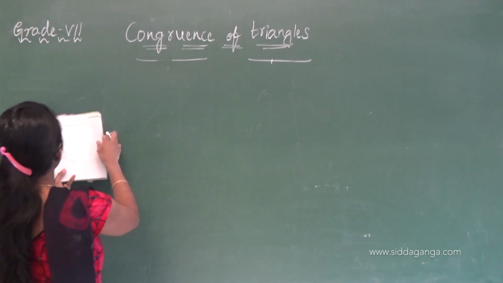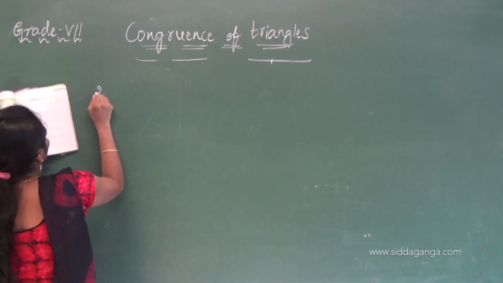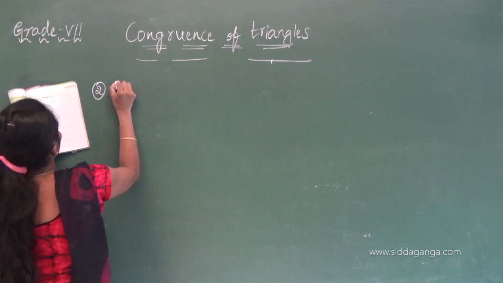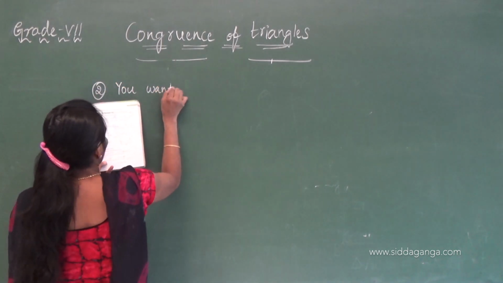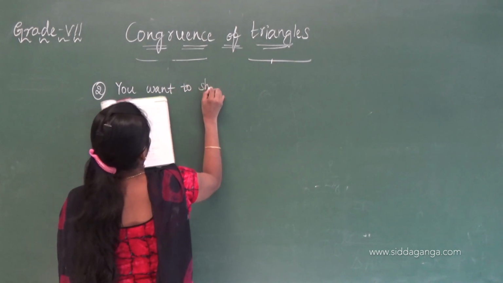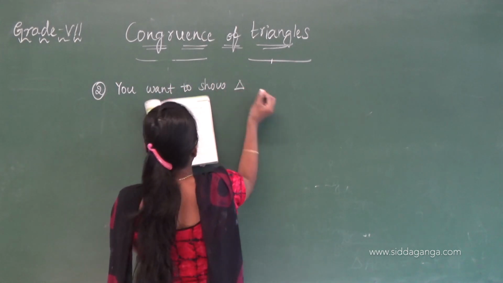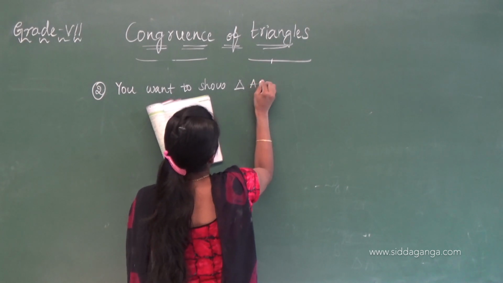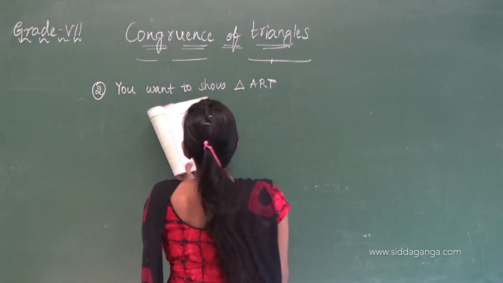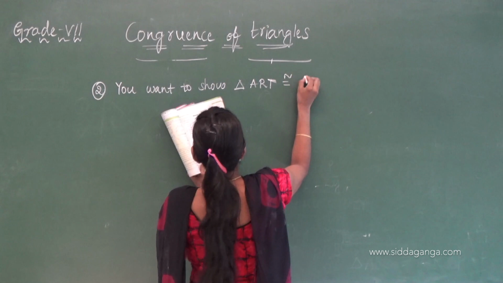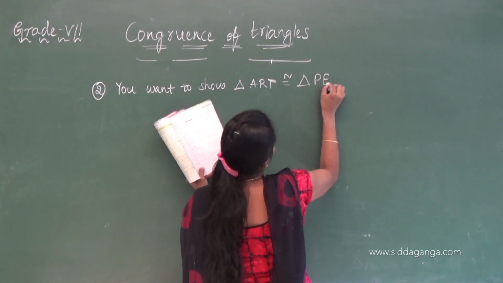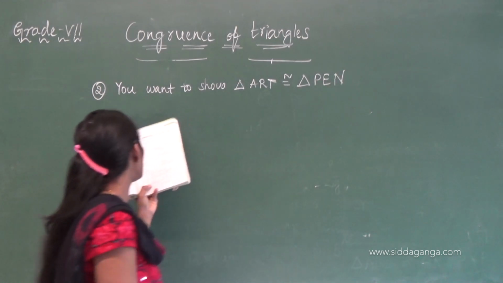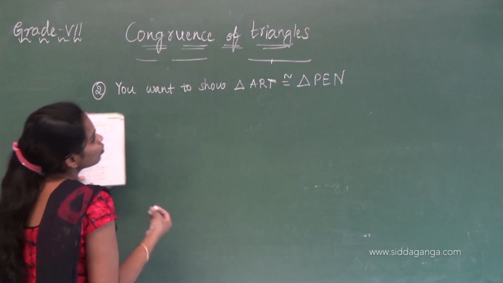You want to show triangle ART is congruent to triangle PEN. They are giving 2 triangles.